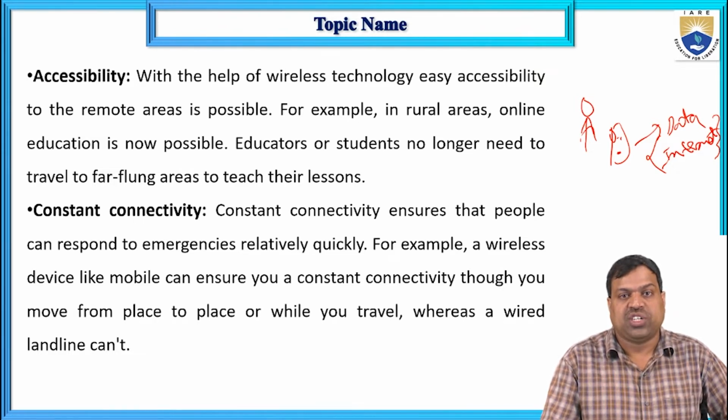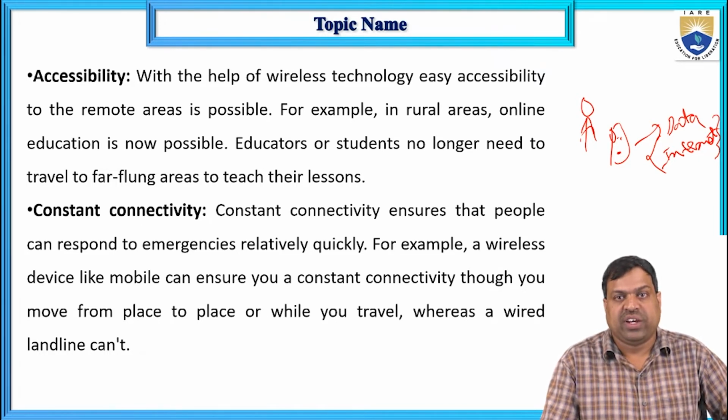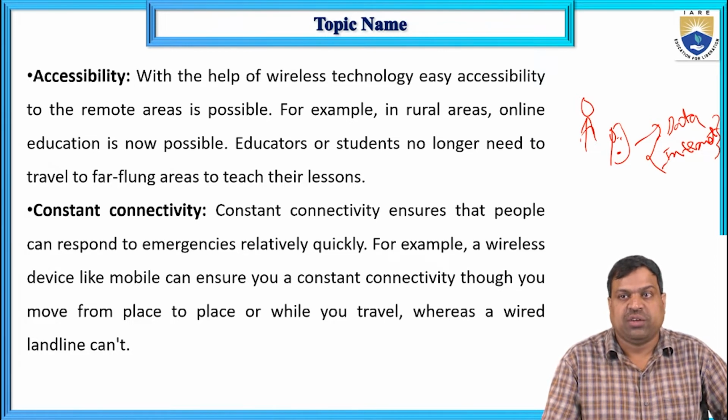And the constant connectivity. So what is constant connectivity? Constant connectivity ensures that people respond to emergencies relatively quickly. For example, a wireless mobile phone ensures constant connectivity as you move from one place to another while you travel, where a wired landline can't.